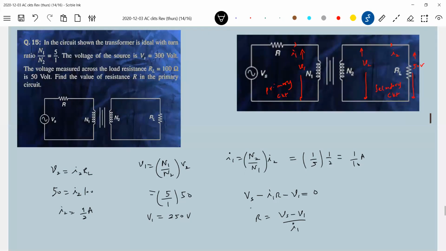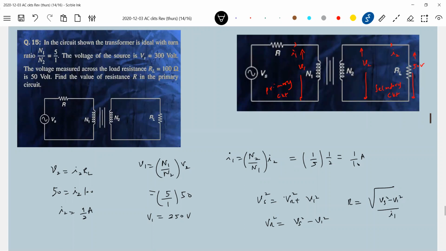Vs, I1R and V1, no? We should take the root: Vs squared equals VR squared plus V1 squared, since they are 90 degrees apart. I forgot that. So R is equal to root of Vs squared minus V1 squared, divided by I1.